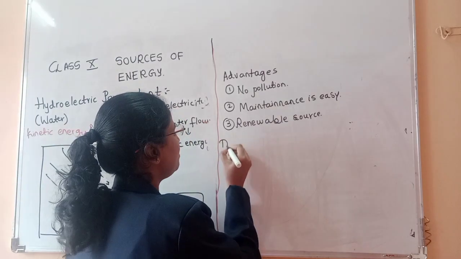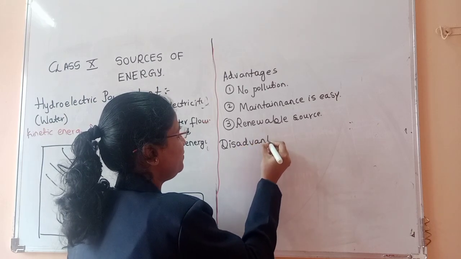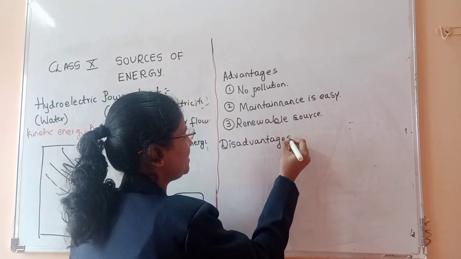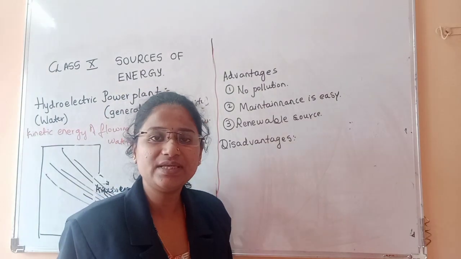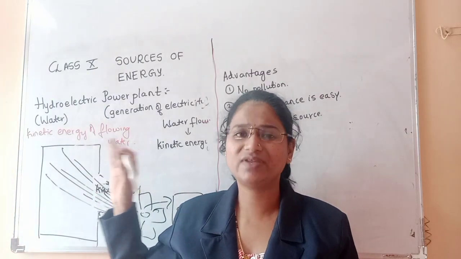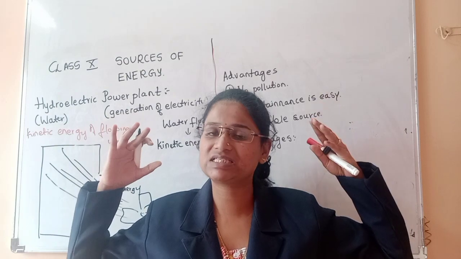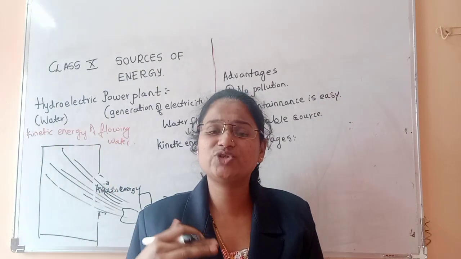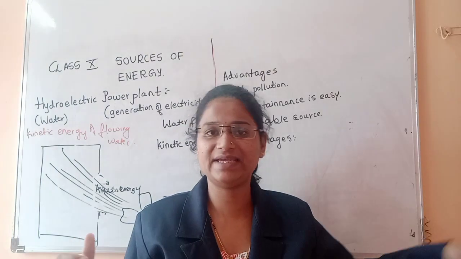Next, when we come to the disadvantages, there are many disadvantages. The first one: as we know, we need a dam for the generation of electricity, and we need a very large space to construct a dam. The construction of a dam will not be completed in 3, 6 or 9 months.